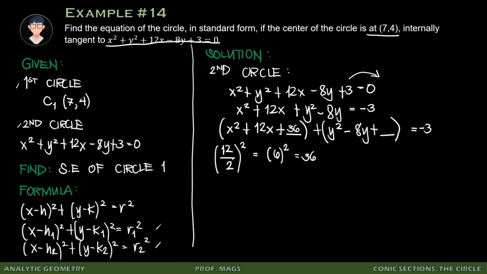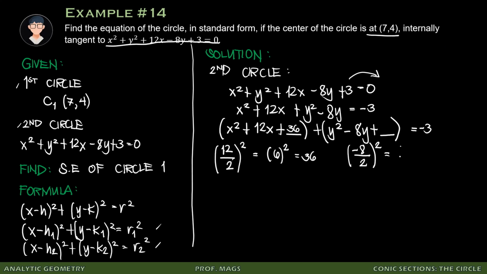Then for the y terms naman, ano ba yung ating middle term dito? Di ba? Negative 8y. So kunin lang natin yung coefficient ng middle term. Negative 8 divided by 2, squared.